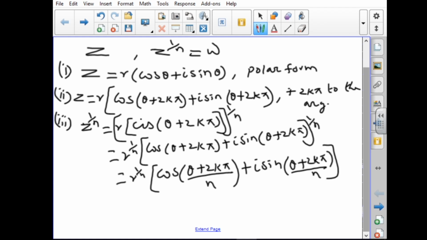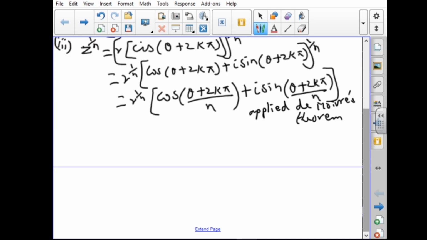In this step we have applied De Moivre's theorem. So this is the third step.